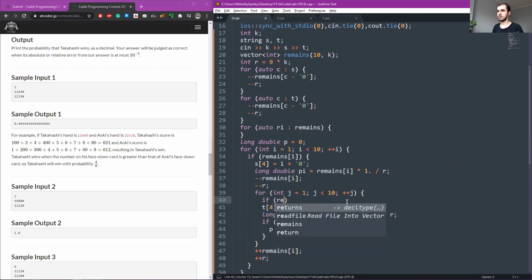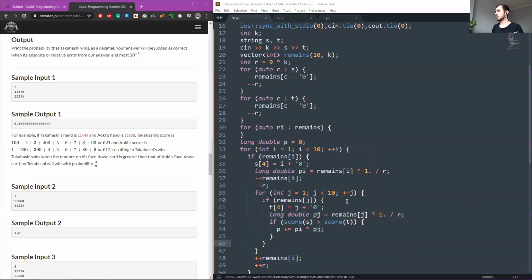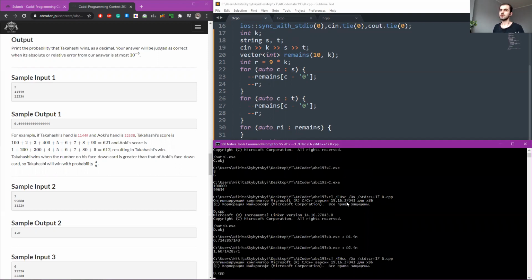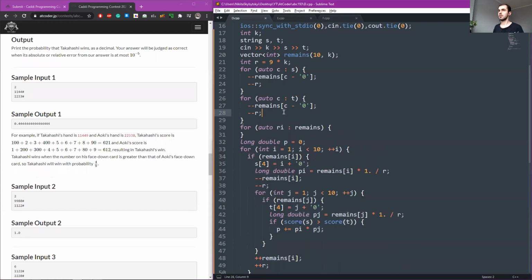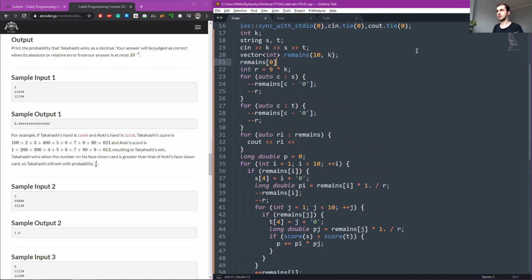I also wanted if remains in J. It should not change much just now. But it changes nothing. Yeah, okay, good. Well, not good, obviously. Let's just make it safe.